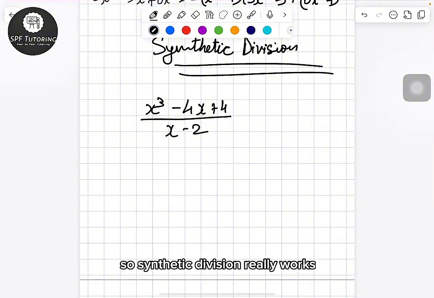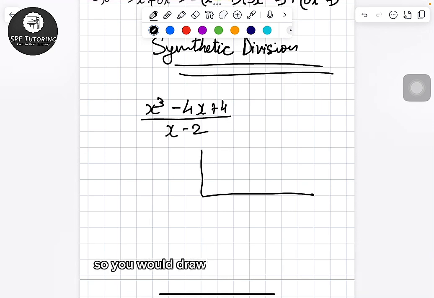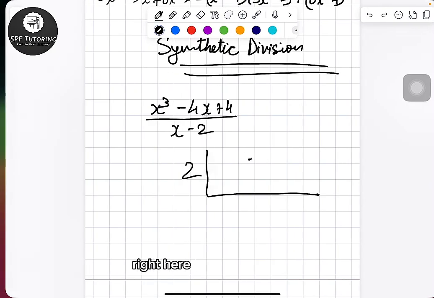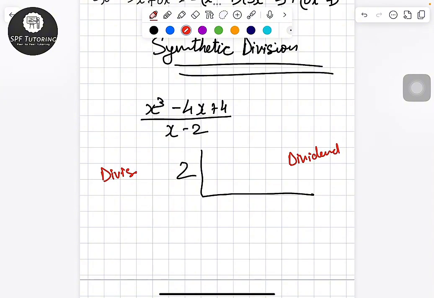So synthetic division really works as you only deal with the coefficients. You would draw this L with a long base, the same idea as long division, and here the dividend would go, and here of course our divisor would go.